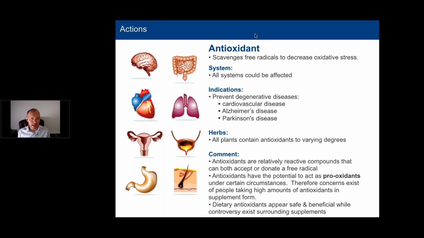Now, if you gave smokers a beta carotene supplement in relatively high amounts, instead of decreasing the risk of lung cancer, it actually increased the risk. And so, for some reason, beta carotene alone acts as a pro-oxidant. And so there could be concerns with, let's say, supplementing with high amounts of beta carotene in smokers.